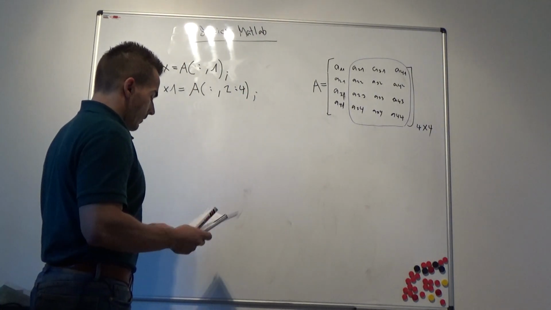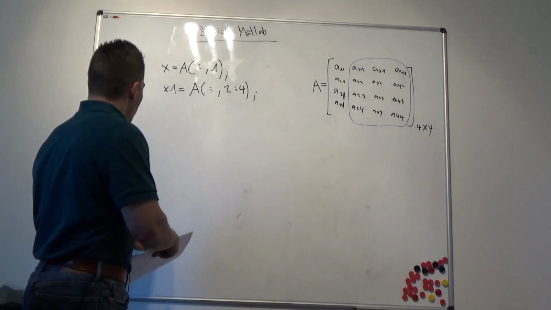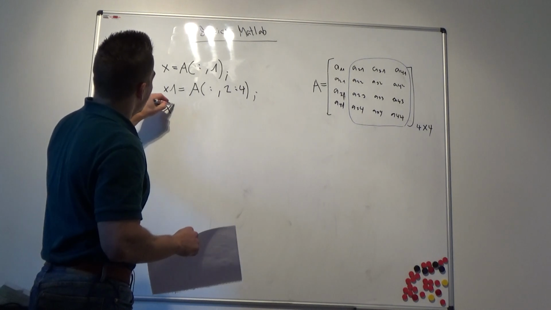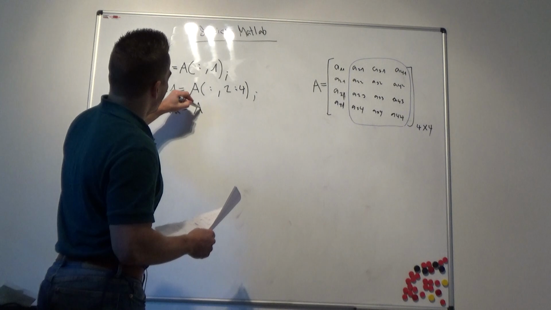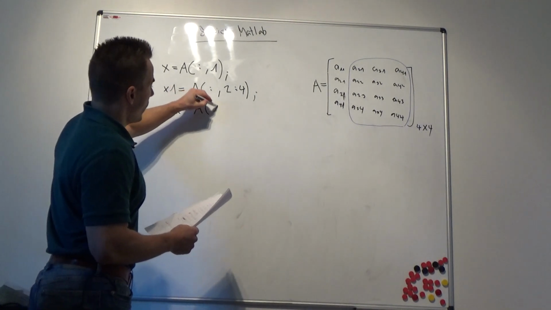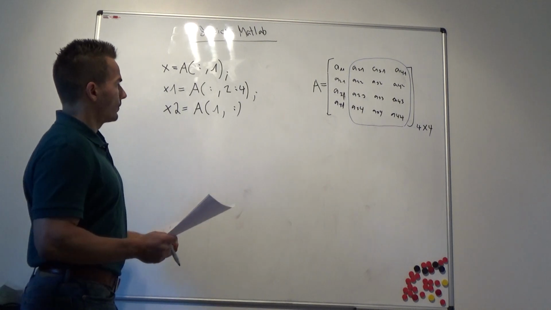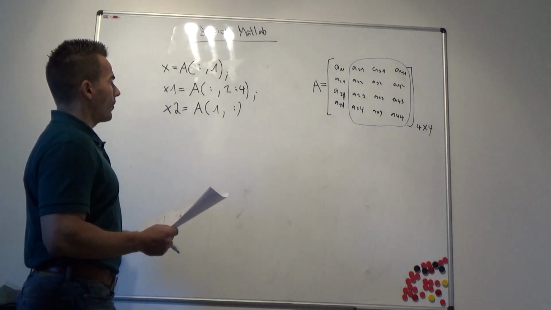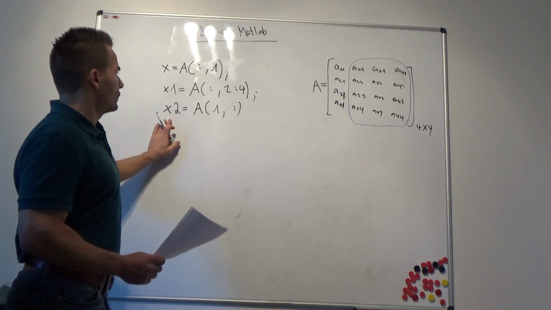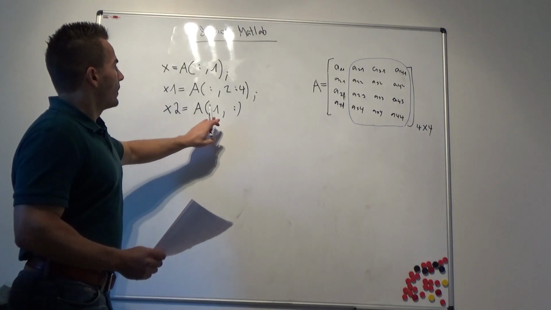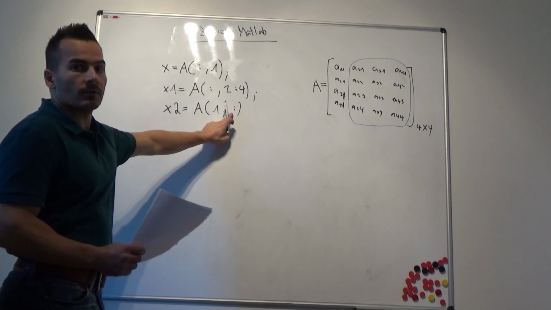Next, if I define an x2 as A(1,:), what's happening now? I say: give me the first row of matrix A and all columns.